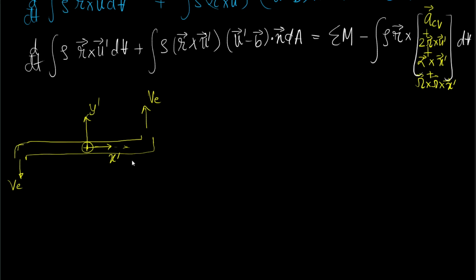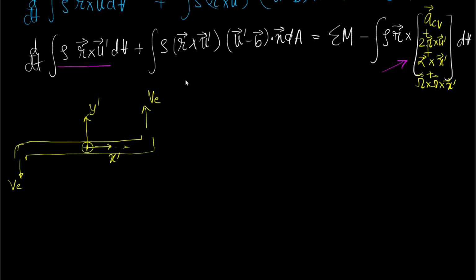So this coordinate frame is rotating, and because of that we'll end up with all these kinds of terms. The first thing is that this particular term will be 0 in the frame of reference rotating with the sprinkler, because it's a steady state problem inside the frame of reference. So this particular term vanishes.